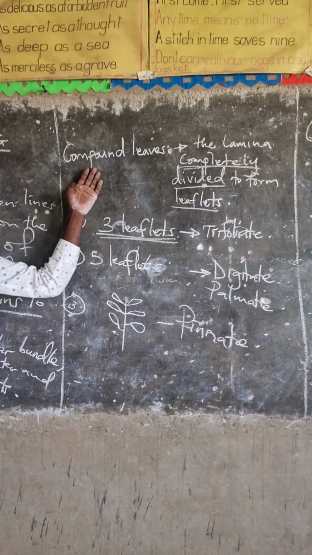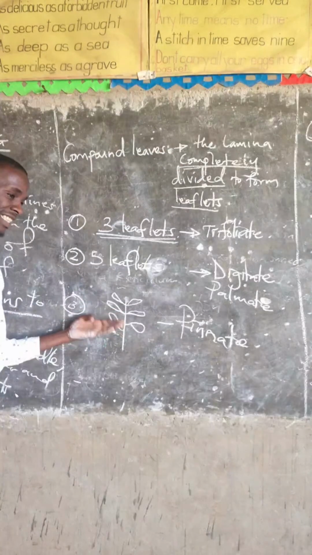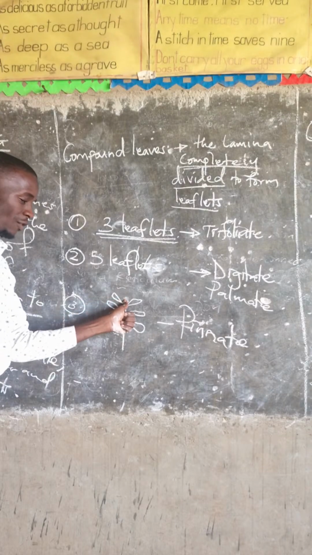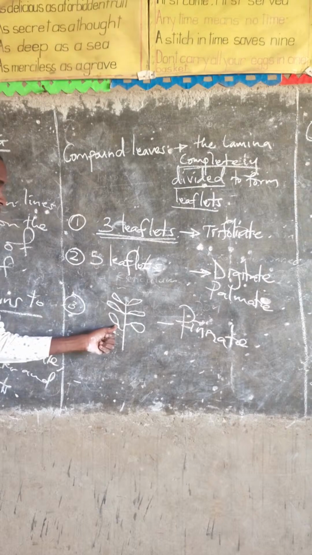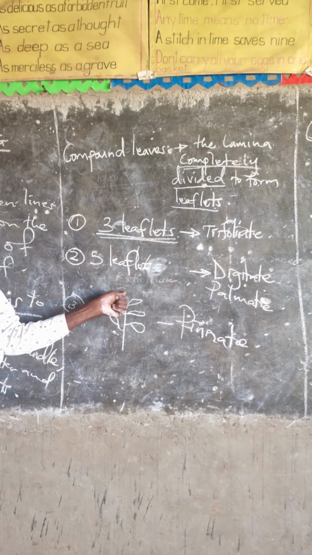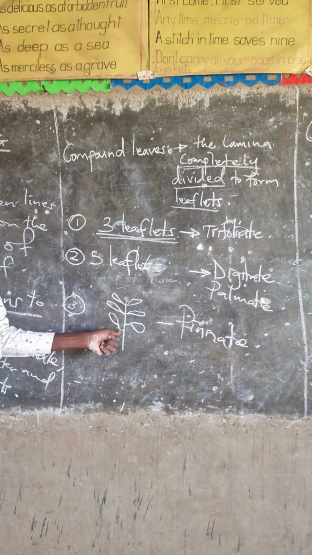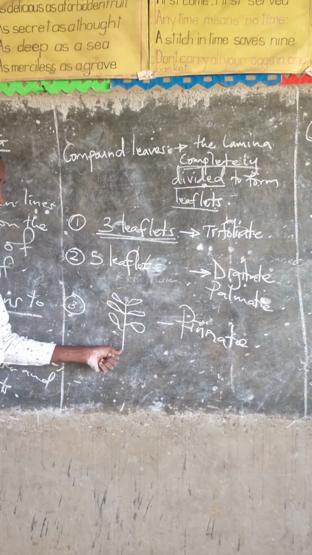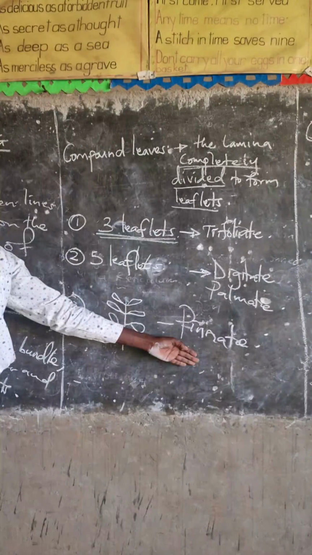The leaf lamina is completely divided, forming leaflets that are arranged either opposite to one another or alternating with one another on the midrib of the leaf. This kind of leaf is known as a compound pinnate.